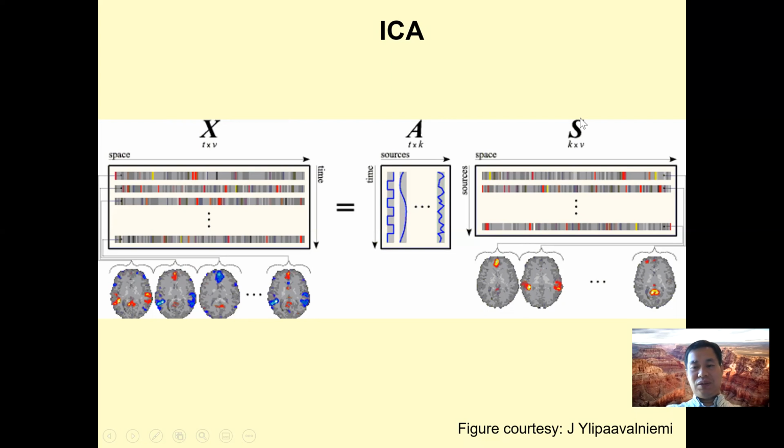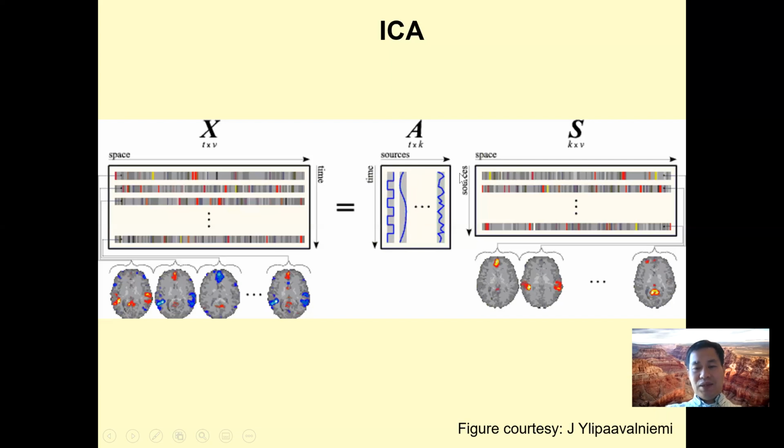Typically we say this is the spatial map of the brain networks, and the source localization typically also identifies the time series, sometimes called the independent component. The basic idea is to assume different components are as independent as possible.